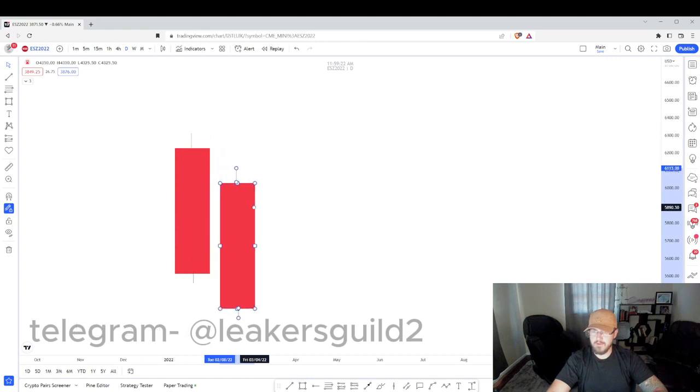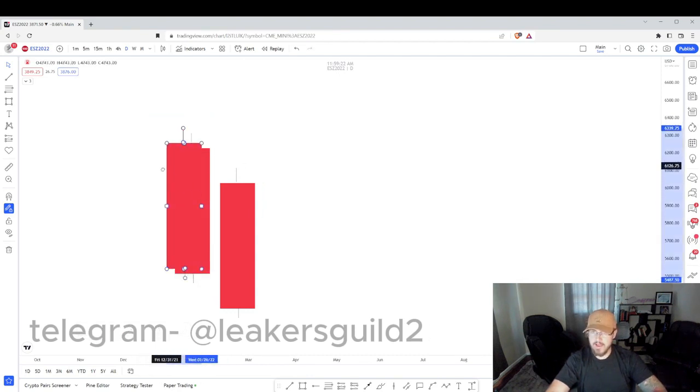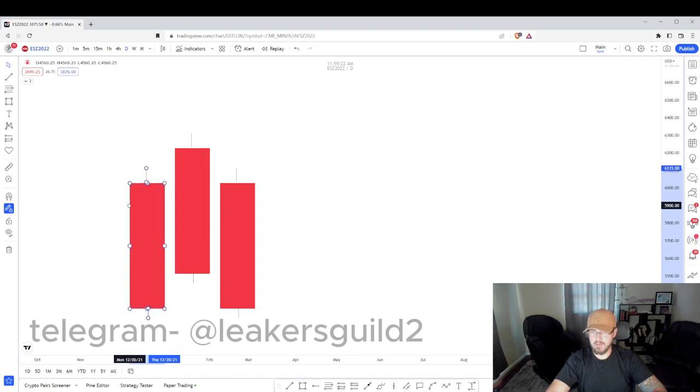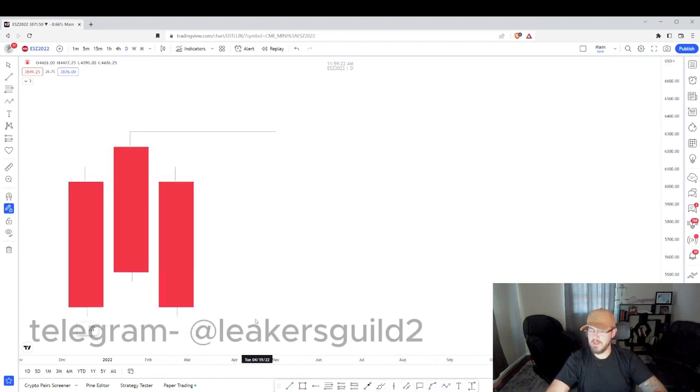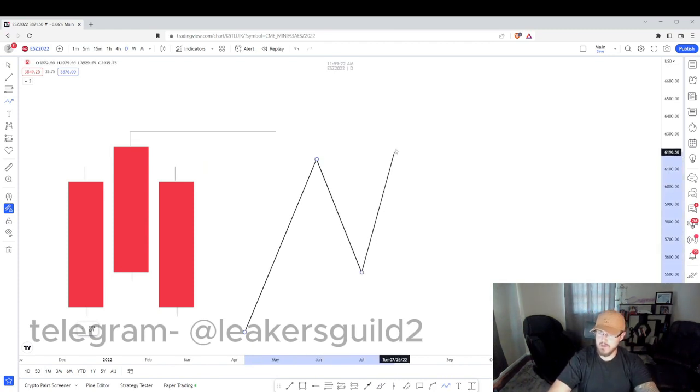If we have a candle that is this specific formation, where we have one candle in the middle with a high that is higher than the candle on each side of it, that can be considered a high. Whenever we're talking about smart money, a lot of people want to use only highs and lows that created new highs or new lows, which there's nothing wrong with.